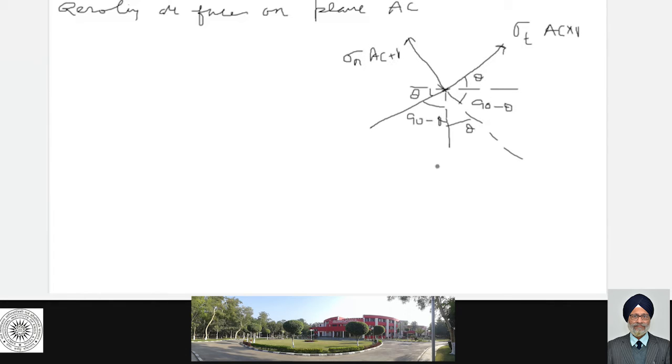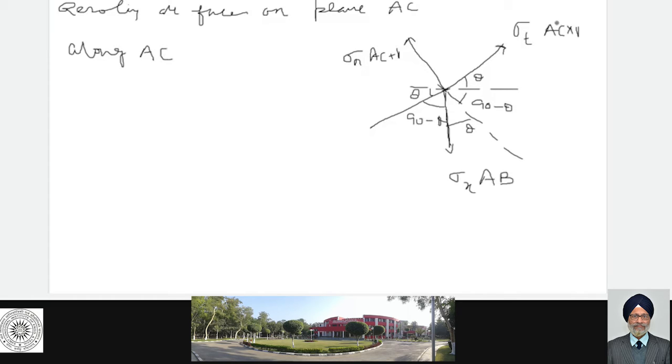And in this direction, which will be the force? It will be sigma x, because of the axial direction, so it is sigma x into AB. Okay? So now resolving the forces along AC.